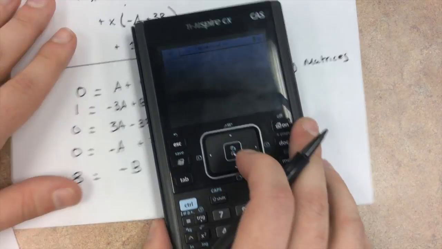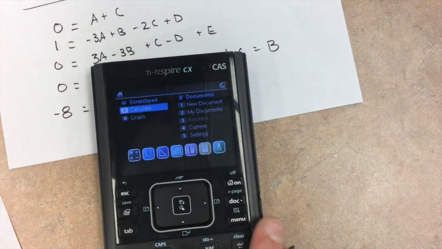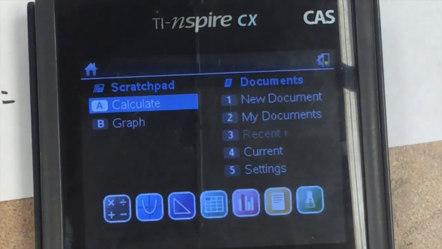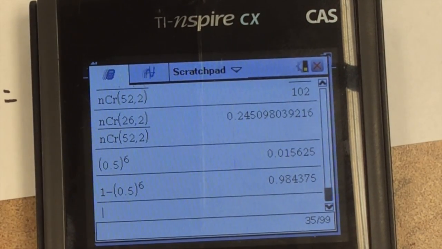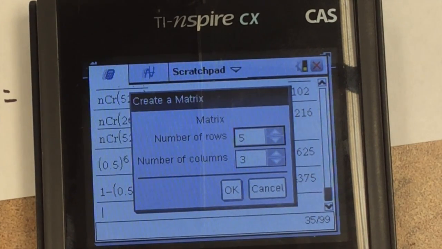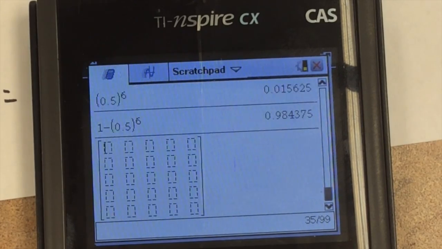So I want to go to, let's just zoom in right here, I go to calculator. I want an inverse, so the button right next to 9. Hit that. I want a 5 by 5 matrix. Okay.